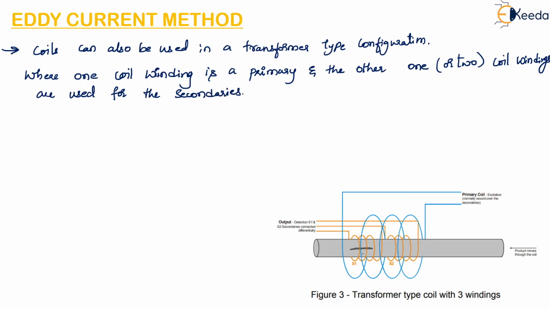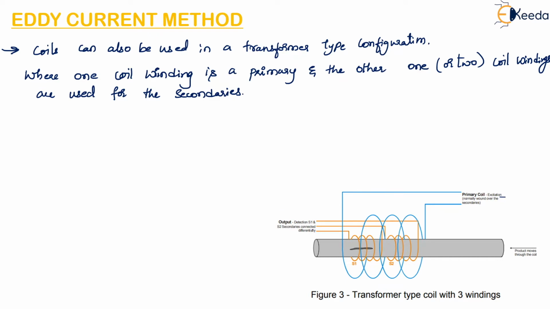So here this is the primary coil, which is in the blue color, and this coil is wound over the secondary coils. So here this primary coil is for excitation purpose.